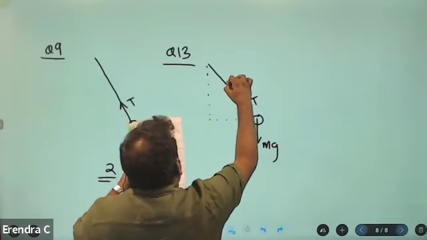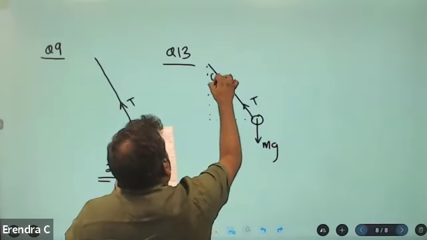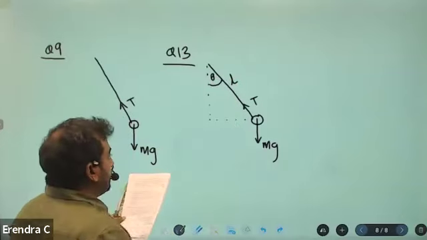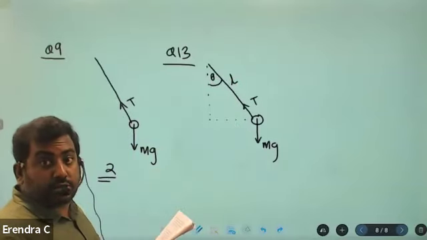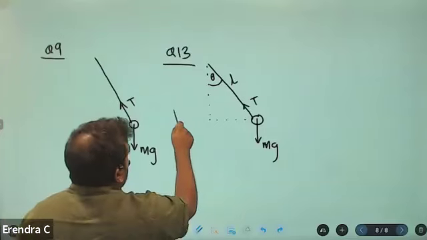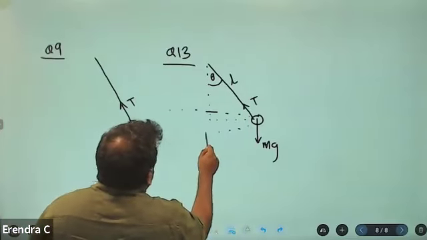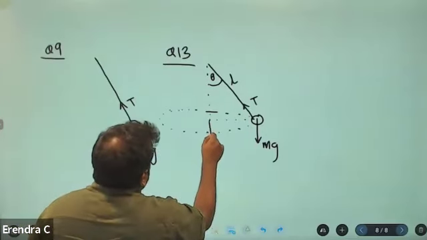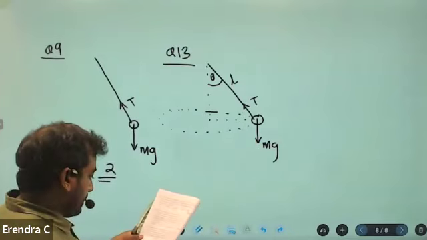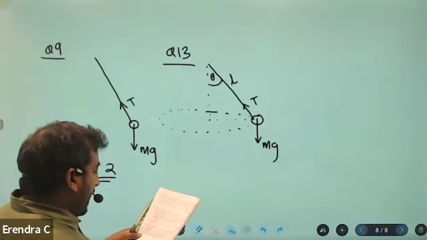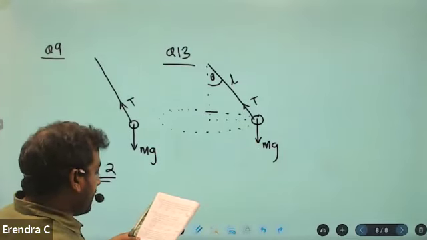Length is L. Angle theta. Going in a circular path. What are they asking you? Velocity.